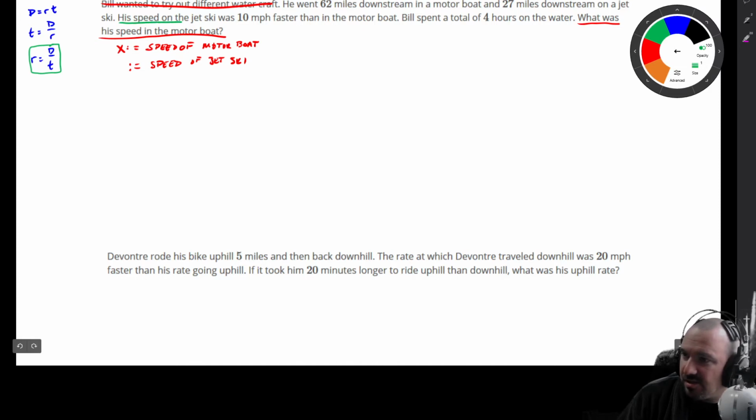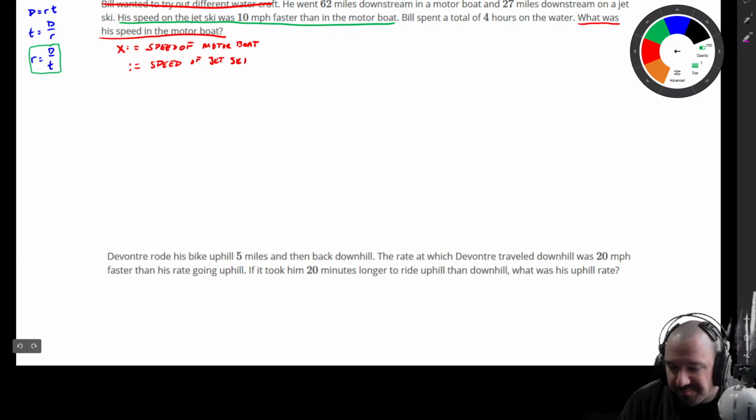His speed on the jet ski was 10 miles an hour faster than the motorboat. So if I tell you that you're going 50 miles an hour, and then I say I'm going 10 miles an hour faster, you would say, okay, well, you're going 60 miles an hour. The 60 is not the important piece. The important piece is how you used 50 and 10 to get to 60.